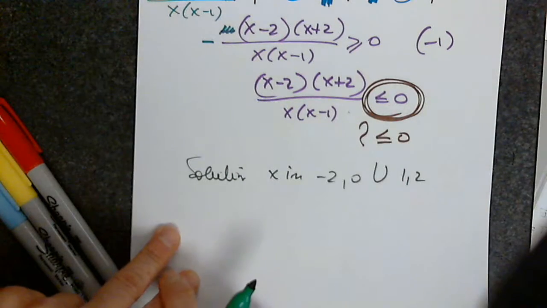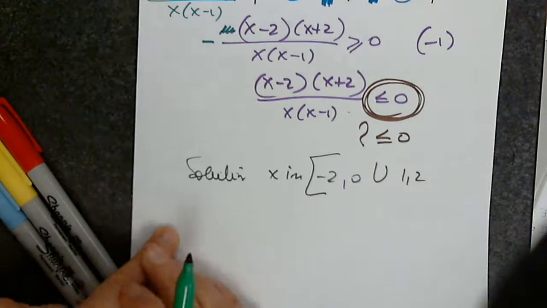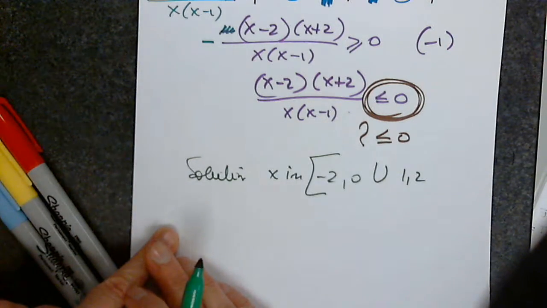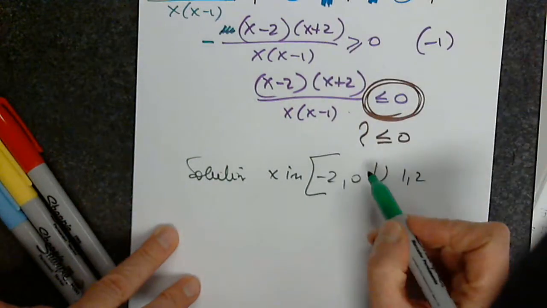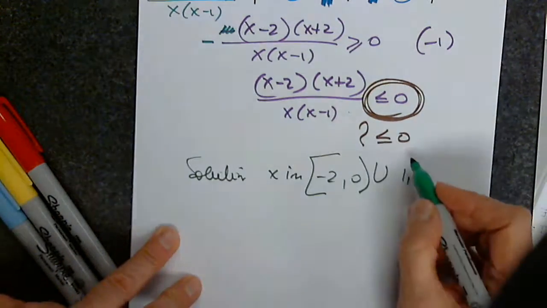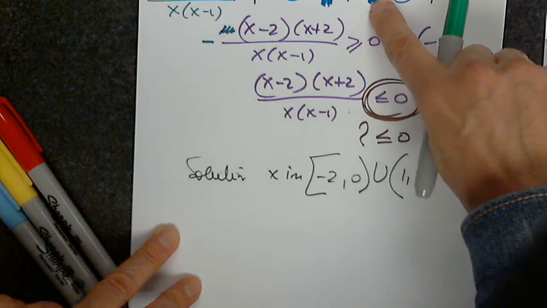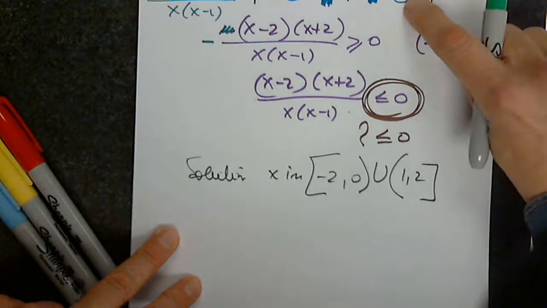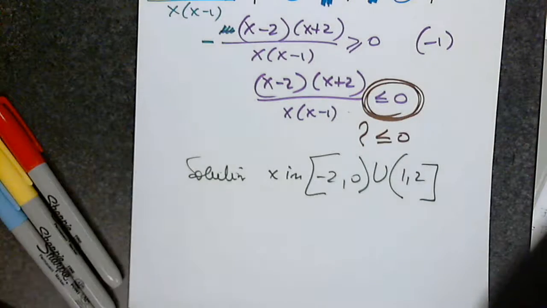About 0, what do I put? A parenthesis, because 0 makes it undefined. At 1, same thing, a parenthesis, because it makes it undefined. And at 2, a bracket, because it makes it 0 and it can be 0.